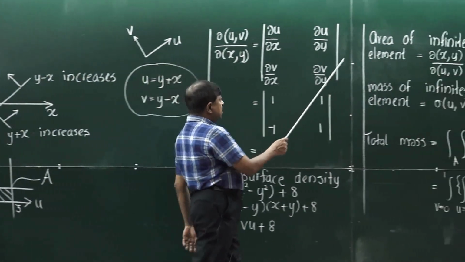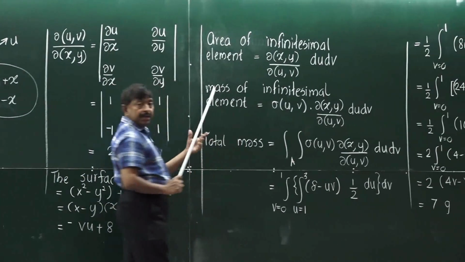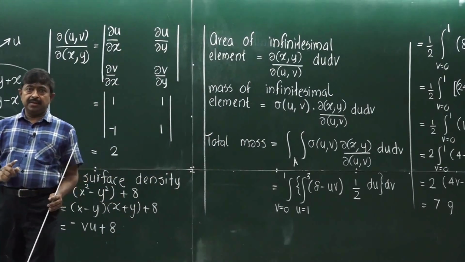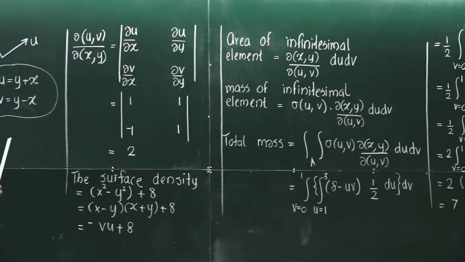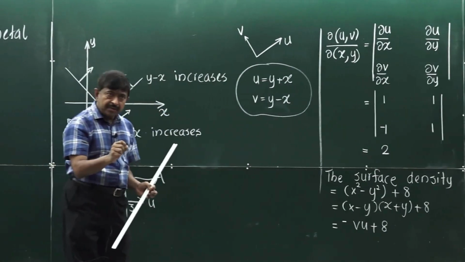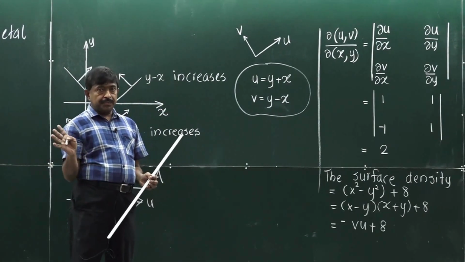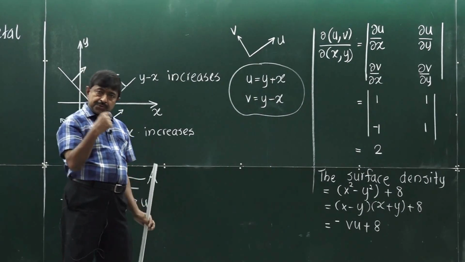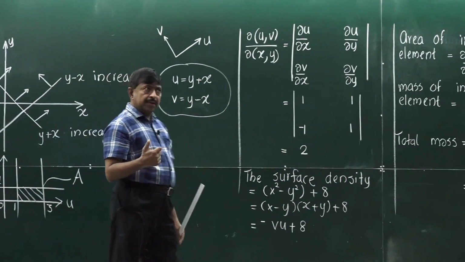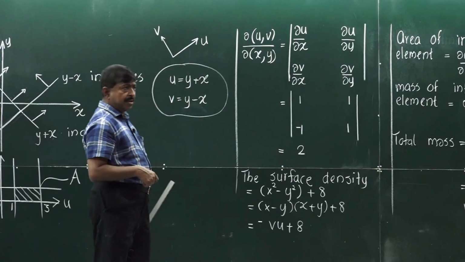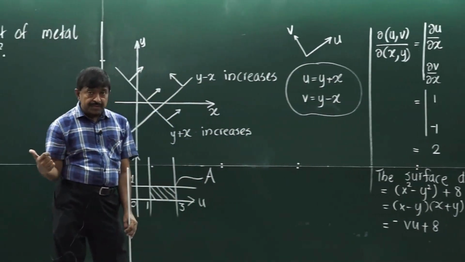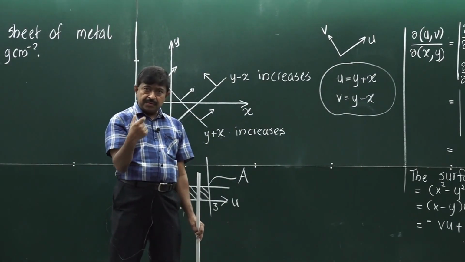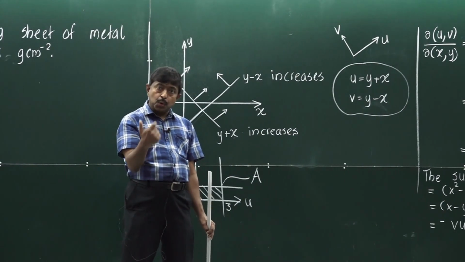However, the area of the infinitesimal element is not du dv, it is not equal to du dv. If you do it in that way, you are going to make a mistake, it is wrong. It should be like this. Remember, in cylindrical polar coordinates, unlike the rectangular coordinates, you had a multiplication factor rho.